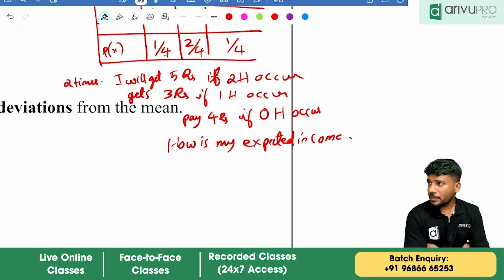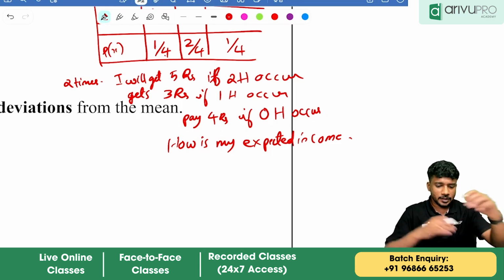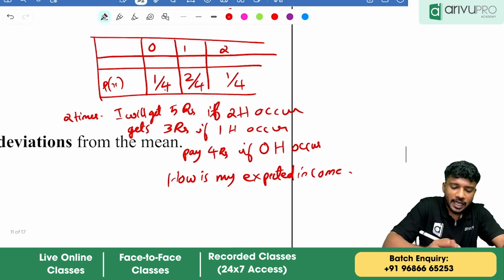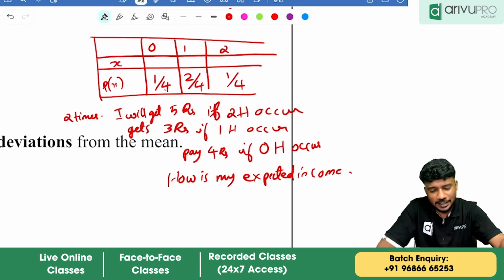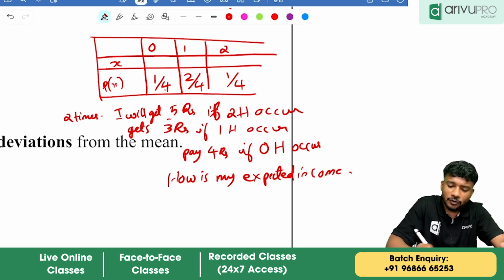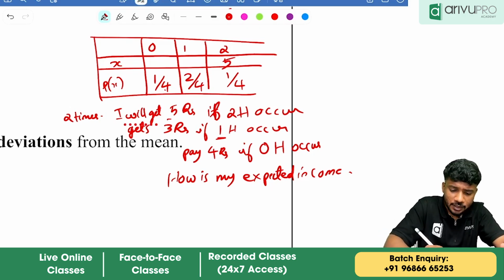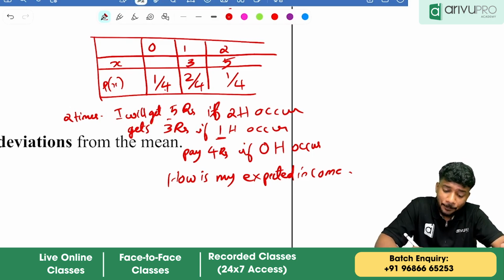How much is the expected income? Tell me. Now you will need to put the values of X here. Here it is the income whatever you are getting. So I'll get 5 rupees if 2 heads appear. That means 5 is over here. Then I'll get 3 rupees if 1 head appears. That means 3 over here. Then I need to pay 4 rupees.